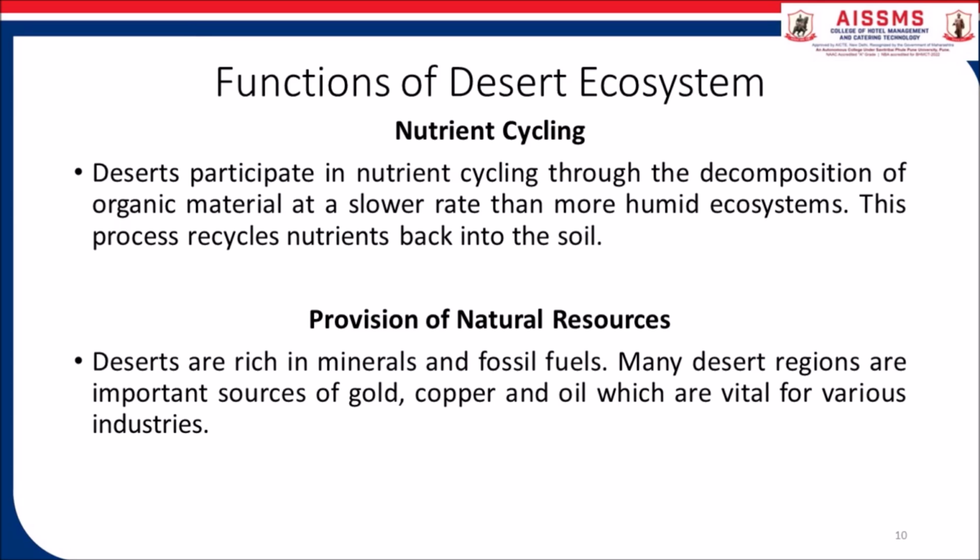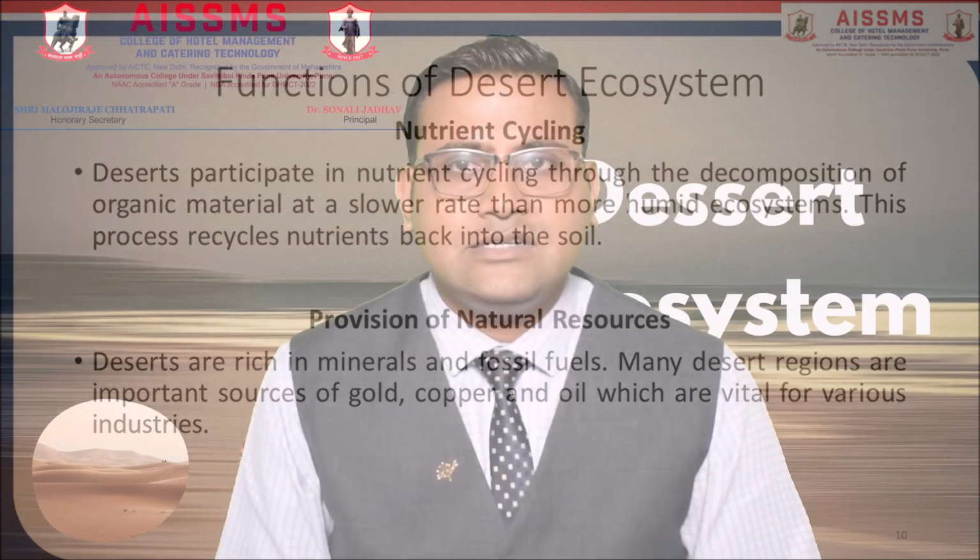Next, provision of natural resources. Deserts are rich in minerals and fossil fuels as well. Many desert regions are important sources of resources such as gold, copper and oil, which are vital for various industries.